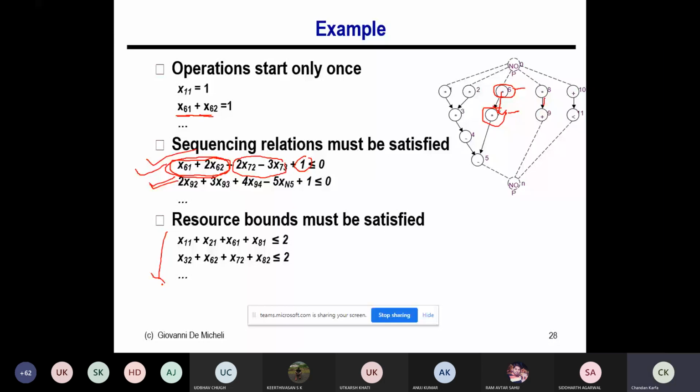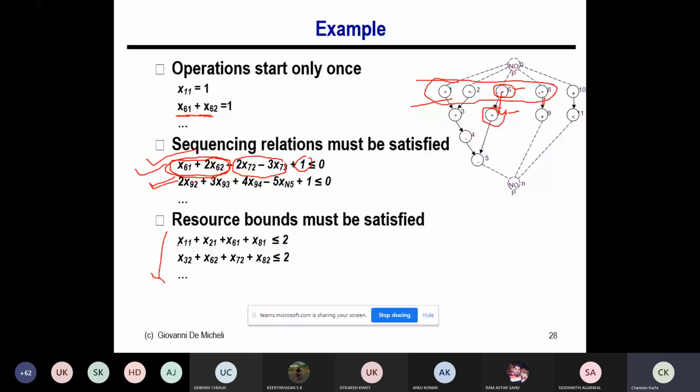Okay. So let me consider only the multiplier now, and then we'll have a similar kind of constraint for ALU also. If I take timestamp 1, I see what operations are possible to start at timestamp 1. It is either operation 1, 2, 6 or 8. So there are 4 such multiplication operations. So they can start at timestamp 1, right?